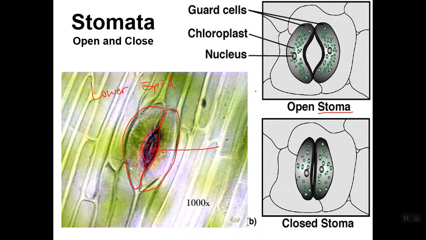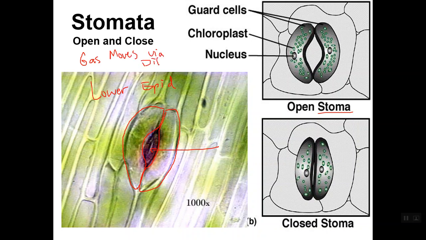If a plant needs to take in CO2, then it opens the stomata. And if it needs to close the stomata, we'll talk about why it needs to do that. But basically, the gas is moving via diffusion, and that's a key point here.